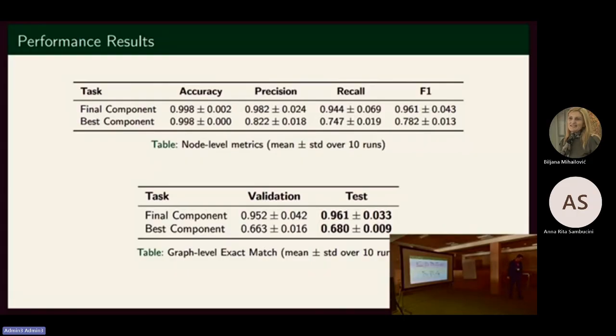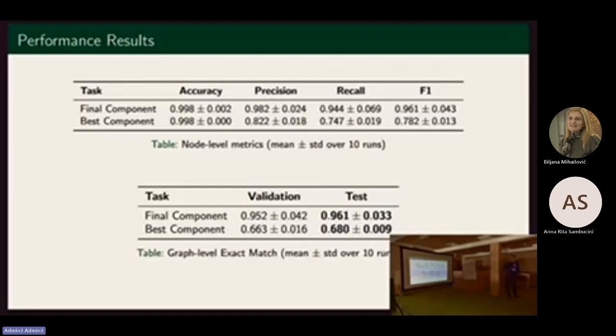So here are our results. We first look at metrics based on individual nodes, and then on graph-based metrics. For the node level metrics, we can see that the first task, which is to classify if the tile belongs to the final component, has very high accuracy.